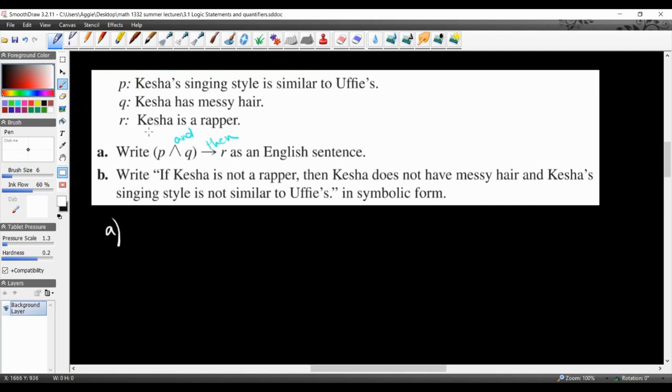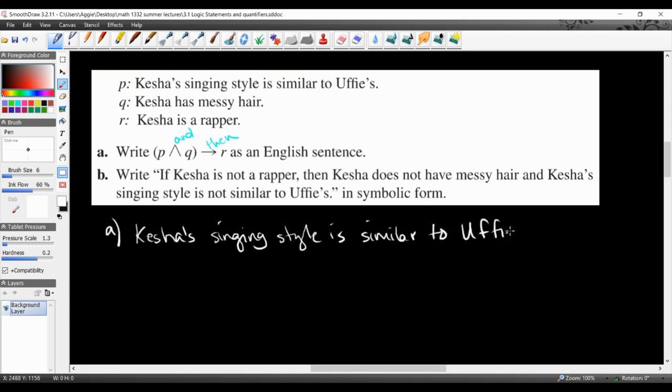P is Keisha's singing style is similar to Yuffie's. I have no idea who these people are, maybe you do. And there's my connector. Q: Keisha has messy hair.